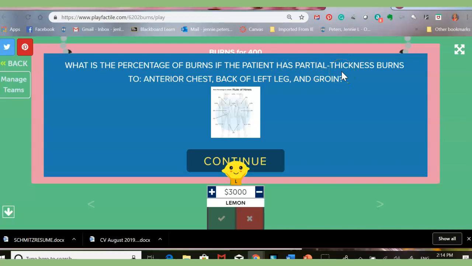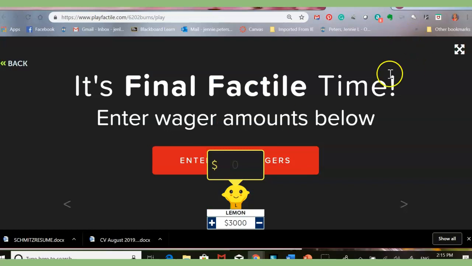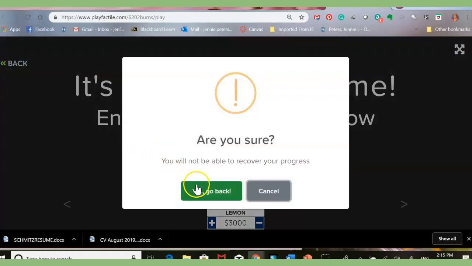It doesn't matter if it's full or partial, you're still going to do the same rule of nines. If it's in the groin, that's a 1%. Back of left leg and anterior chest, you're going to add those up, and that's going to be the percentage of burns that the patient has. Okay, so that is it on burns.